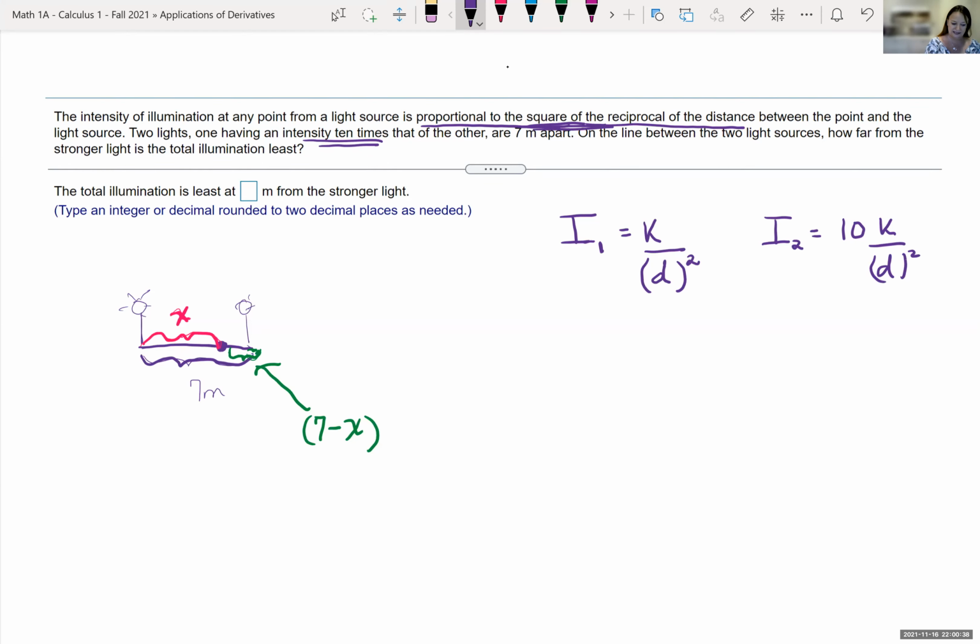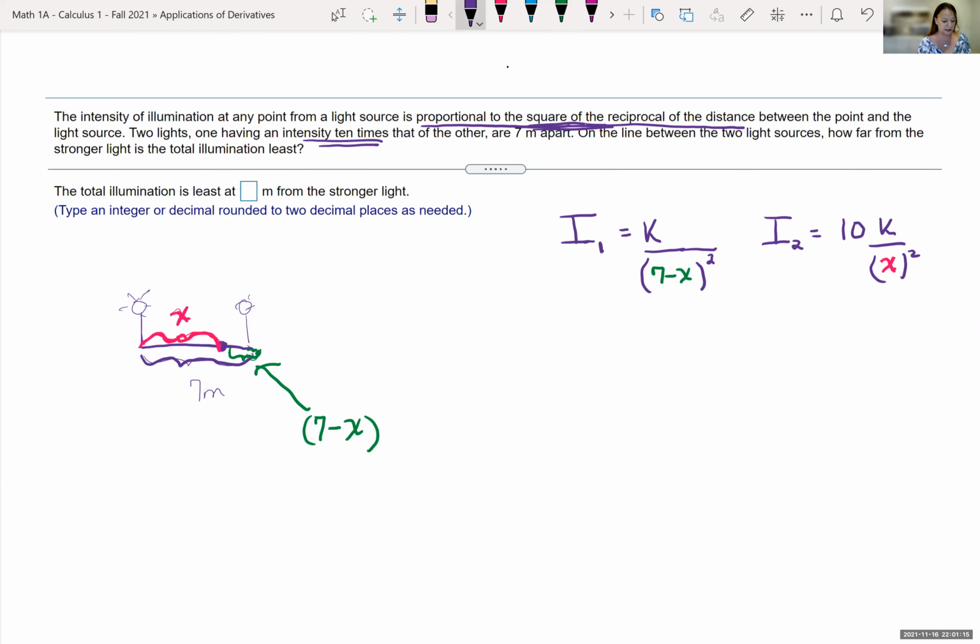But let's talk about that distance again. We said the distance from the larger one to the point was X, so let's put an X in here, because that's the distance from that light post to that point. And the distance for the littler one we said was 7 minus X, quantity squared.